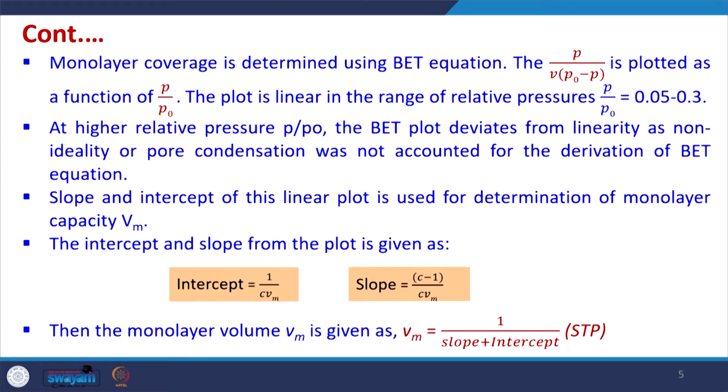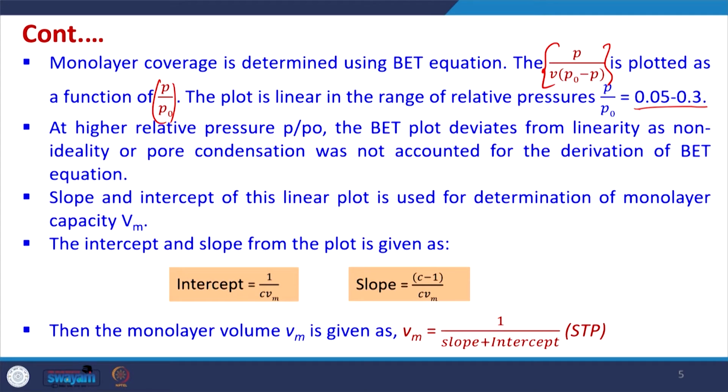Now, monolayer coverage is determined using the BET equation. So, this particular quantity is plotted as a function of P by P0, and the plot is linear in the range, which may vary, but we use only the linear range data.